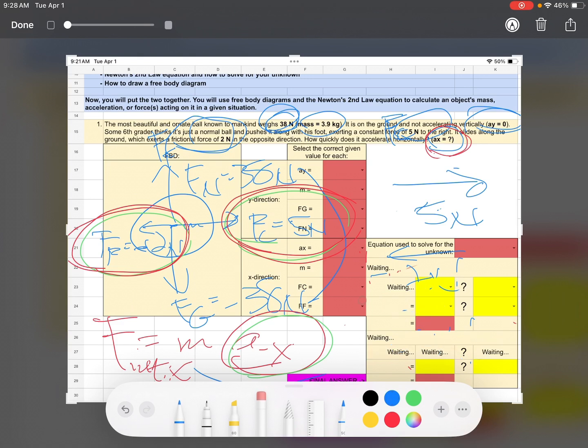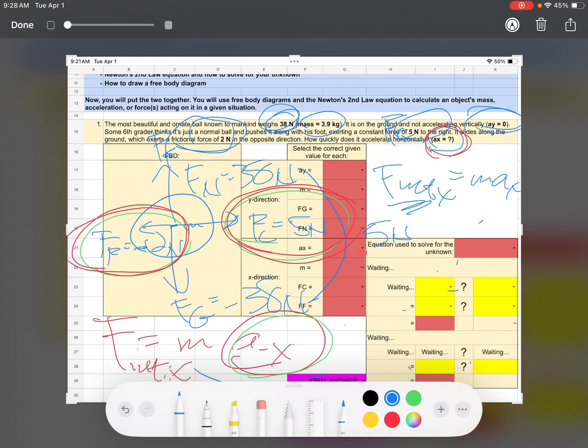And then what do you do with that? Well, remember, what are we trying to solve for here? We're trying to solve for AX. So F net X equals MAX. F net is the sum of all the forces in that direction. Well, scratch that, actually. Let me back up a step.